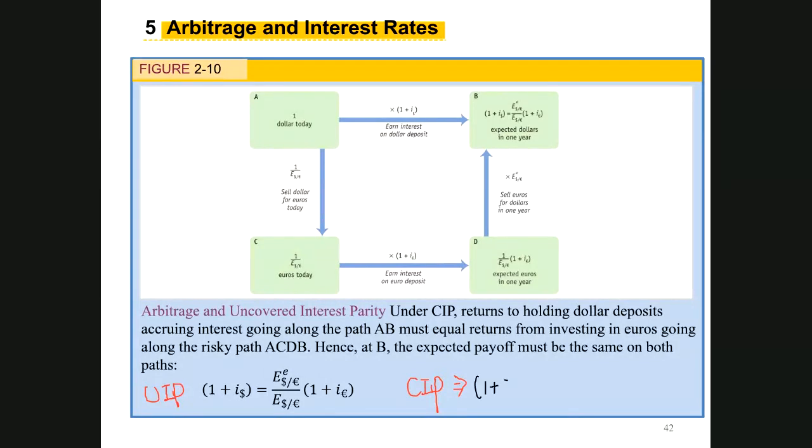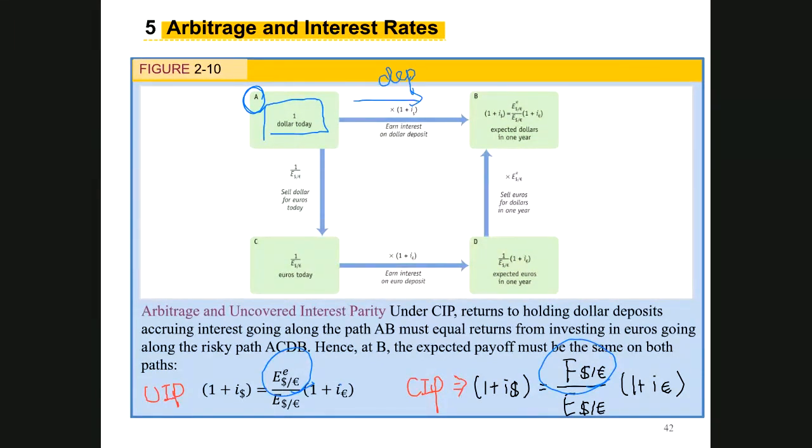This left-hand side is the return you will get if you deposit $1 in a US bank. The only difference is here, the future exchange rate, right? The mechanism is the same. You start at point A, you have $1 today. You have two choices. One, deposit domestically and get the domestic interest rate.